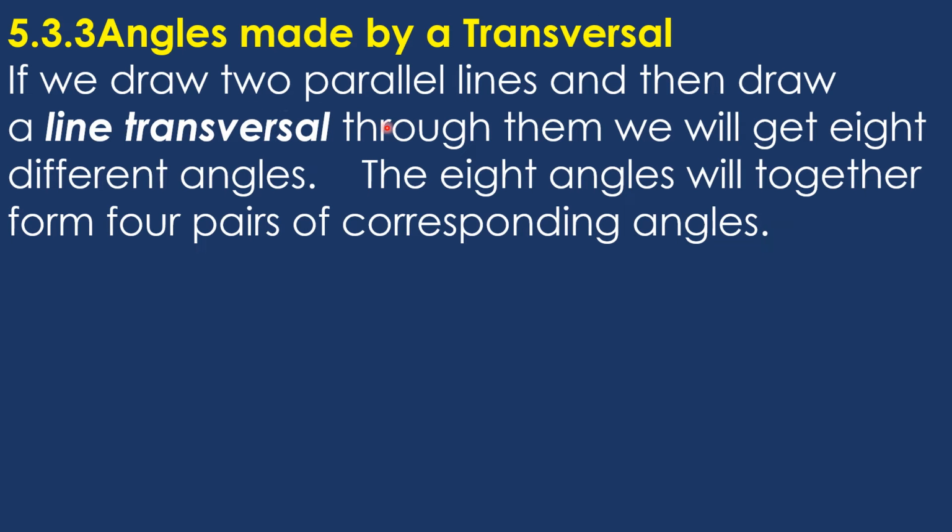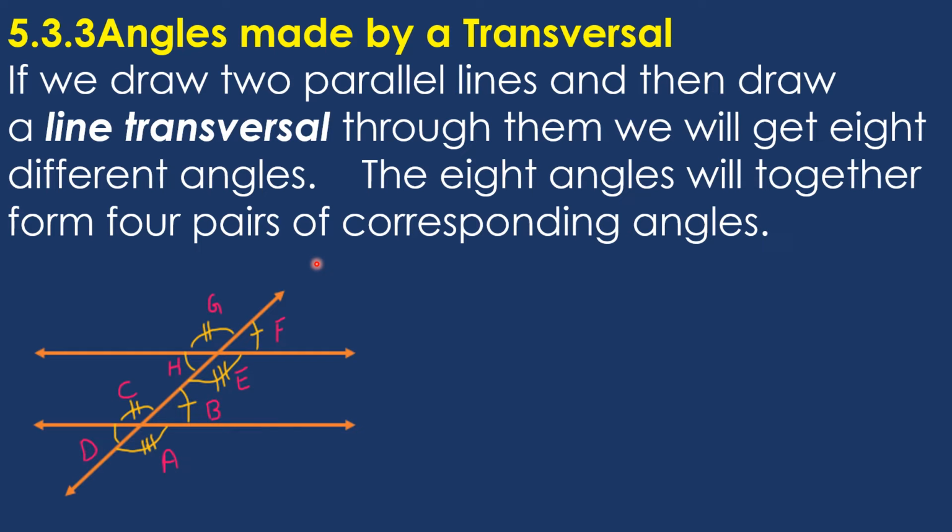Okay, so next, angles made by a transversal. If we draw two parallel lines and then draw a transversal line through them, we get 8 different angles. So we have two parallel lines, this is one and this is two.